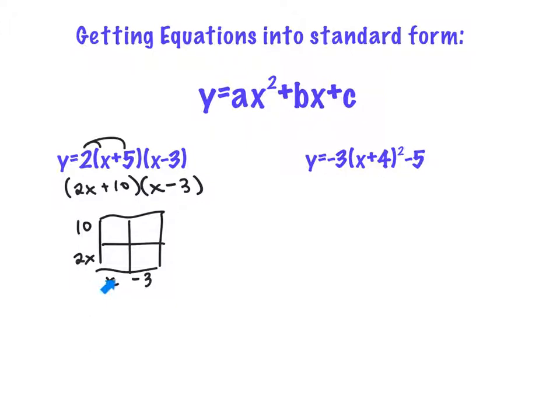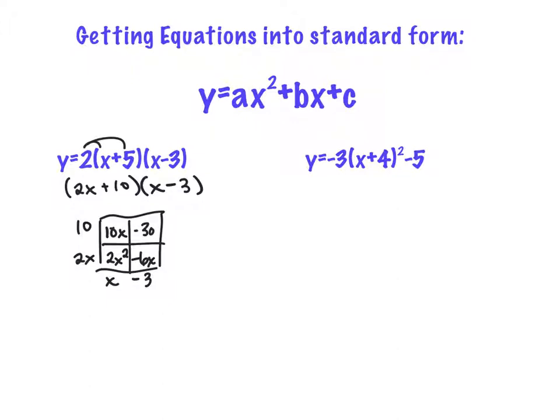So then I'm multiplying. The reason it's called an area model is because you're multiplying basically the length times the width. So x times 2x to get 2x squared. x times 10 to get 10x. Negative 3, don't forget the negatives, times 2x to get negative 6x. And finally, negative 3 times 10 to get negative 30.